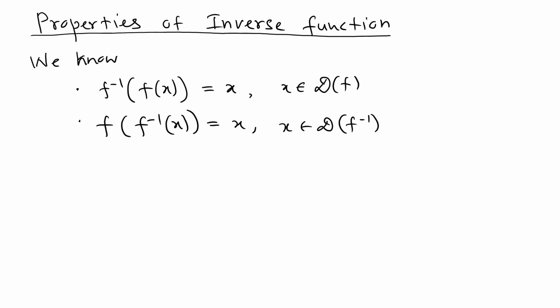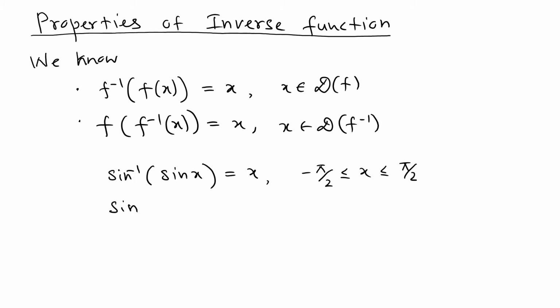So we can use the same idea for the sine inverse function now. That means we can write sine inverse of sine x equals x for any x in that special domain. So x has to be between -pi/2 and pi/2, because that is the one-to-one part of the function. And then we have sine of sine inverse x equals x.